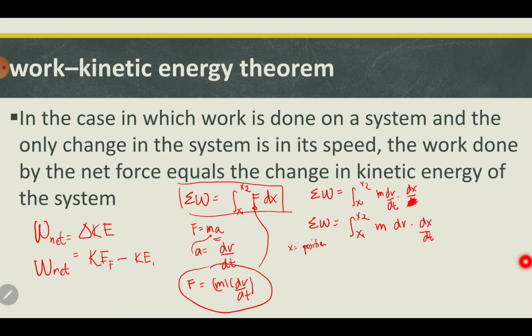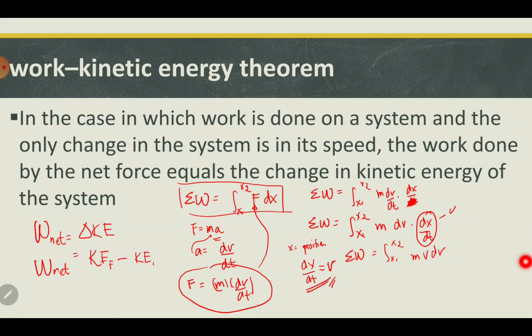And we all know that the derivative of position with respect to time is equal to your velocity. So therefore, we may say that the summation of W is equal to the integral of x sub 1 to x sub 2 of m, this is v, from this equation, so we have mv dv.